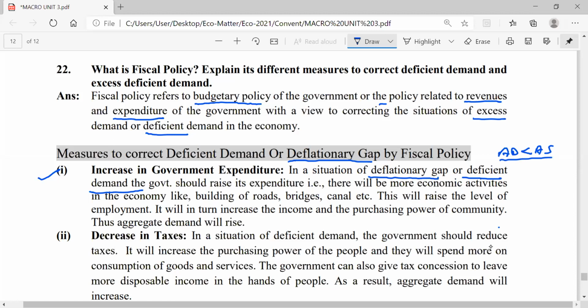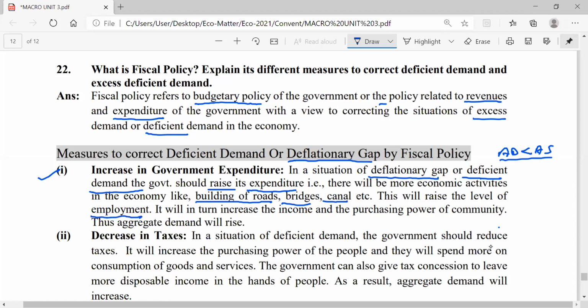So government should raise its expenditure. That is, there will be more economic activities, like building of roads, bridges, canals, etc. This will raise the level of employment.